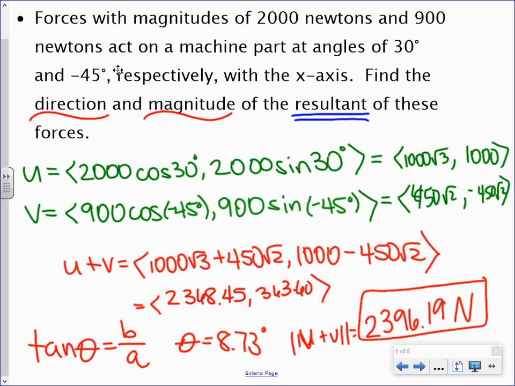So two vectors acting together on a machine part, even though separately they have forces of 2,000 newtons and 900 newtons, when they act together, they're really putting a force of 2,396 newtons at an 8-degree angle. And that's what's really happening.